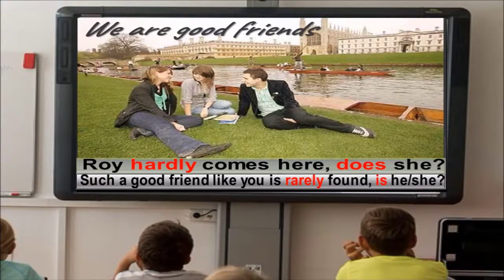Do you understand? Try to understand here. Not is not necessary here because hardly gives the negative meaning. And in the second sentence, rarely is giving the negative meaning, so we should not use not here. Do you understand?